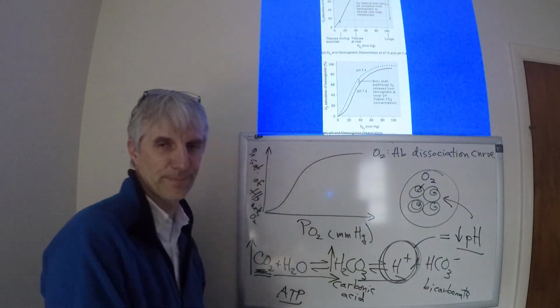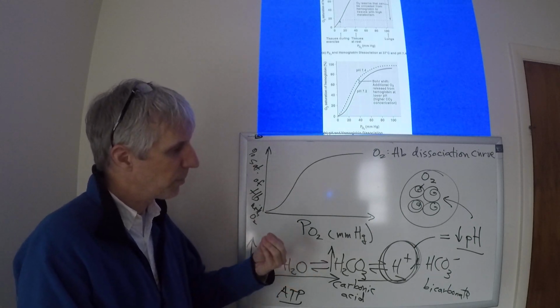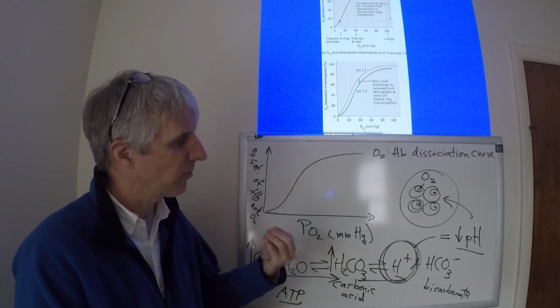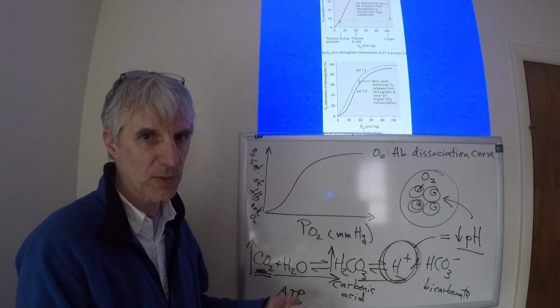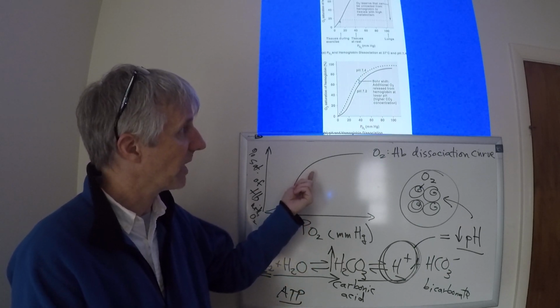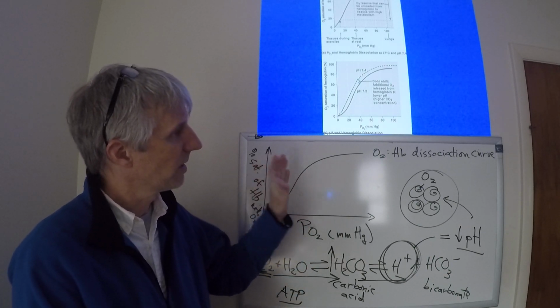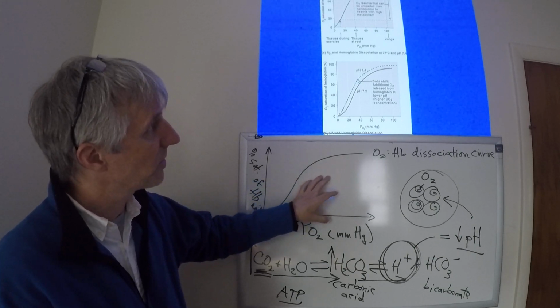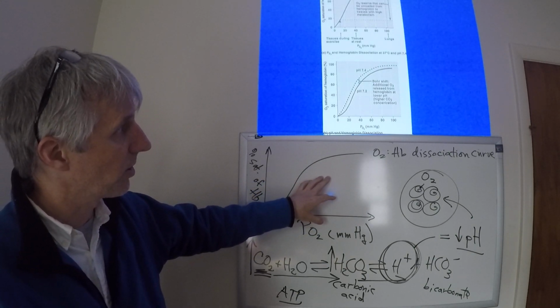hemoglobin. Hemoglobin's ability to bind oxygen is affected directly by the pH. The pH change affects this oxygen hemoglobin dissociation curve.